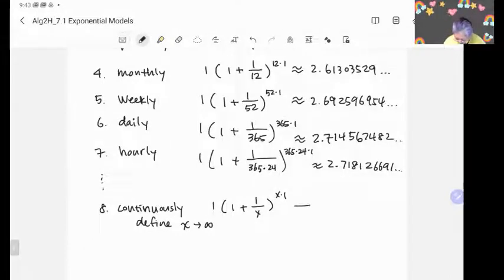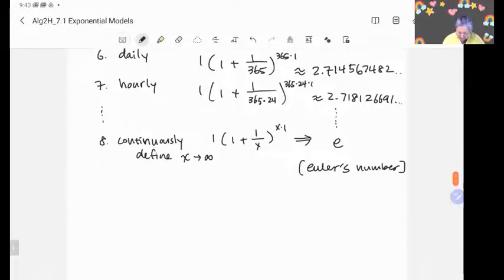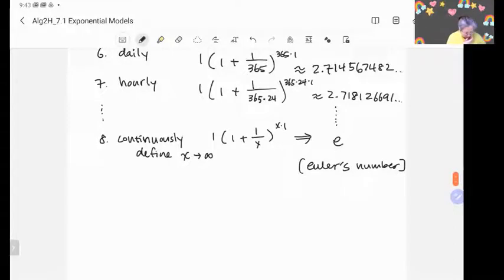Then it becomes that special number, lowercase e, that we call Euler's number E.